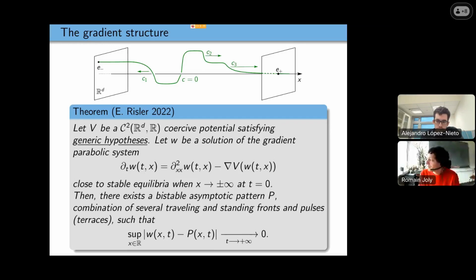There is always a balance in this kind of result. If you want to prove something is true for a generic potential V, and you consider a nonlinearity which is the gradient of V, it means that you have less freedom to move this nonlinearity.